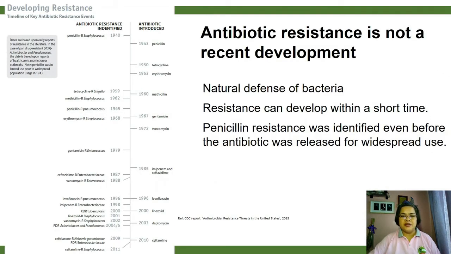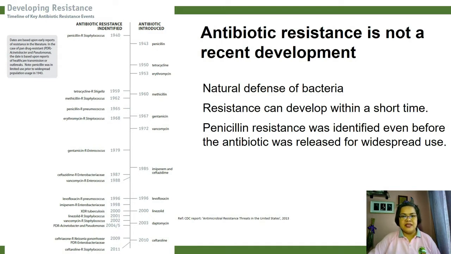We also need to understand that antibiotic resistance is a natural defense of bacteria, and resistance can develop within a short period of time. It is not new. It was actually first identified in the 1940s for penicillin resistance, even before the antibiotic was released for widespread use.